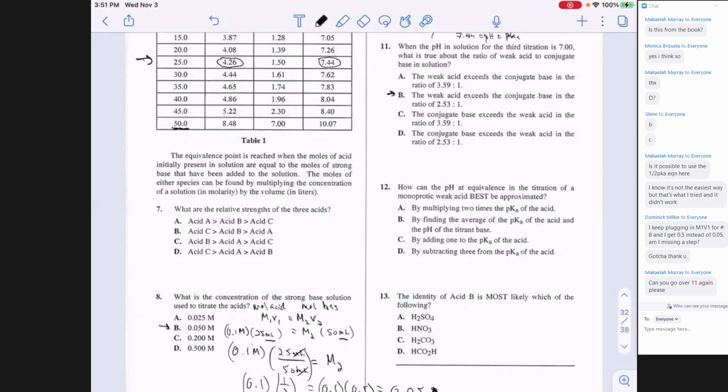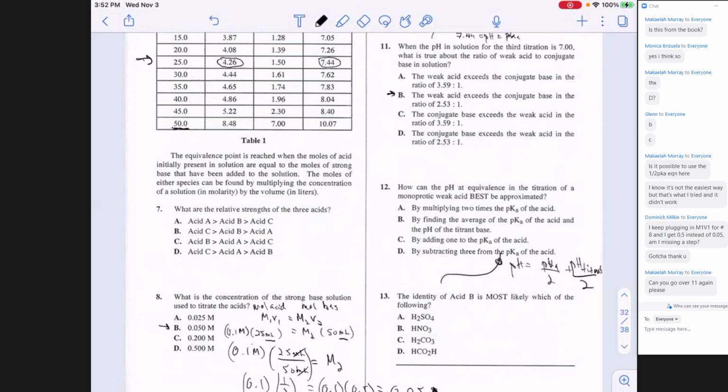So if we graphed it, this point right here, the equivalence point, that pH can be found by taking the pKa divided by 2 plus your pH of the titrant divided by 2. Okay.